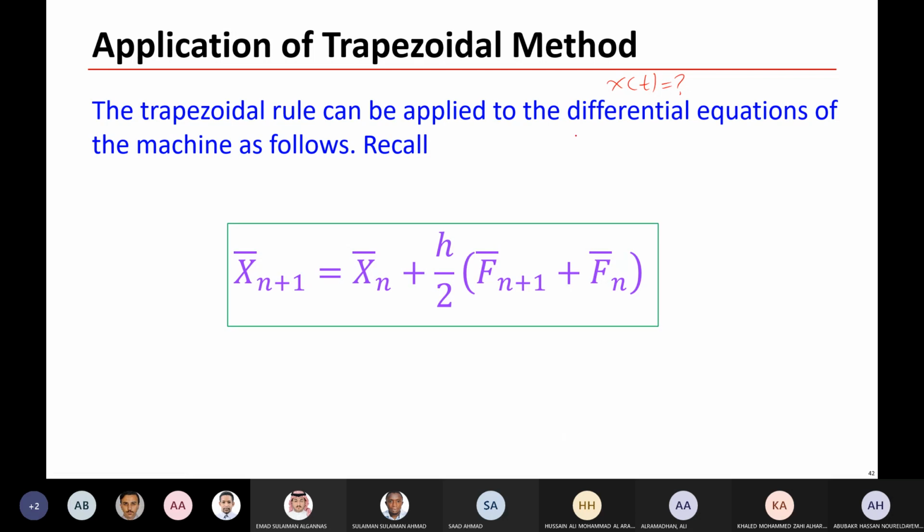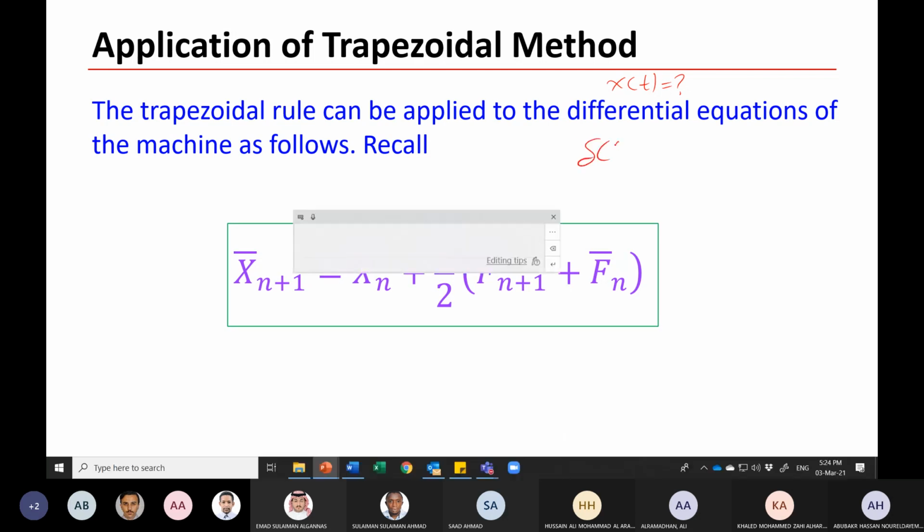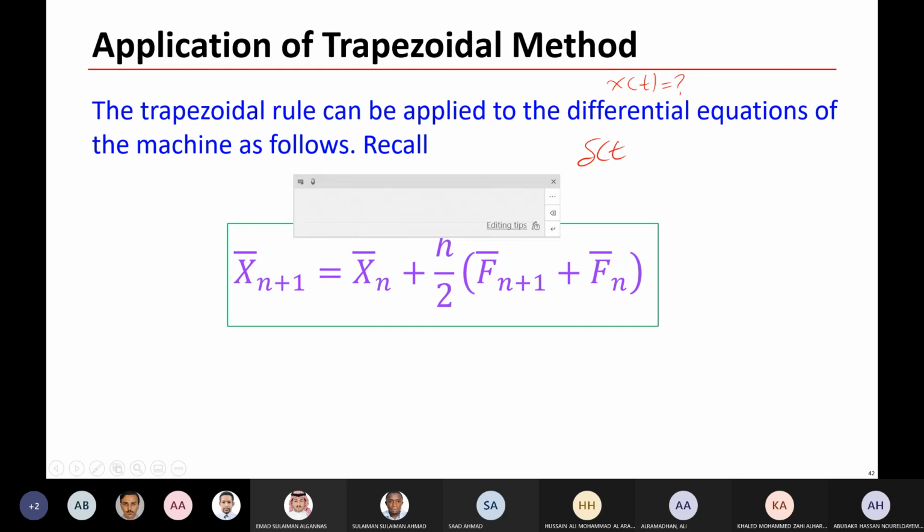Specifically in the swing equation, we need delta of t.